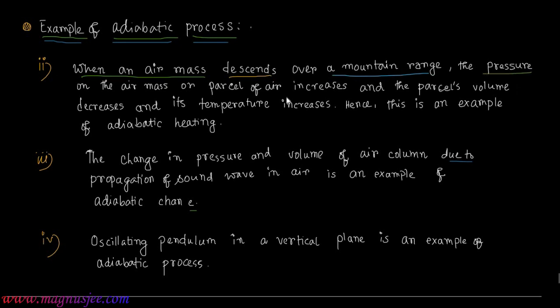The pressure on the mass or parcel of air increases, the parcel's volume decreases, and its temperature increases. Hence, this is an example of adiabatic heating.